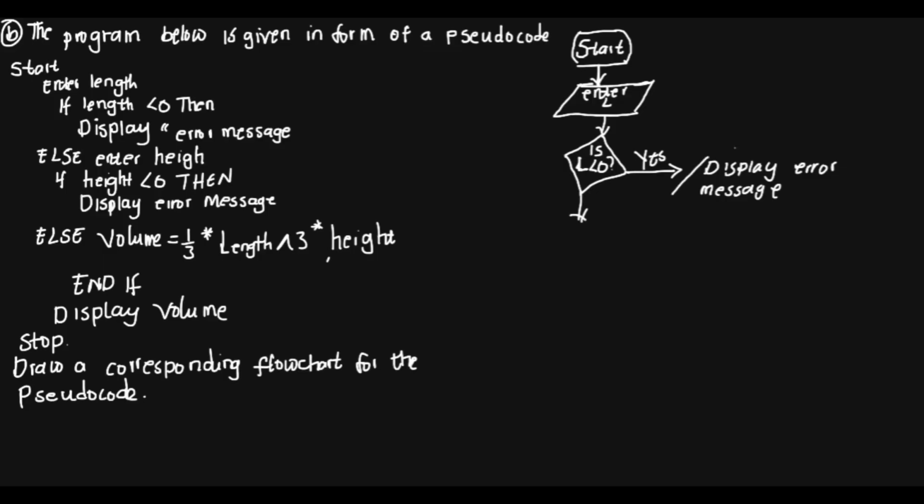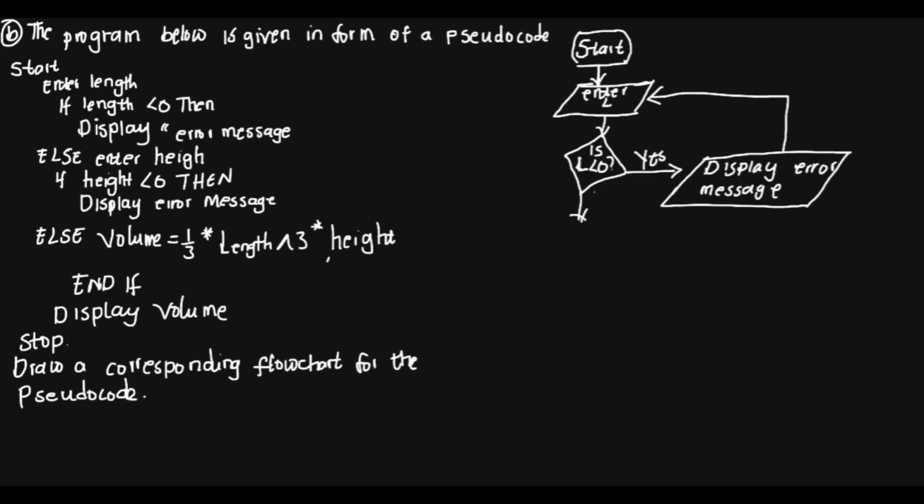So display error message, this is our output. So output is also written under parallelogram. So we can now draw the arrow. We need to re-enter a positive one.